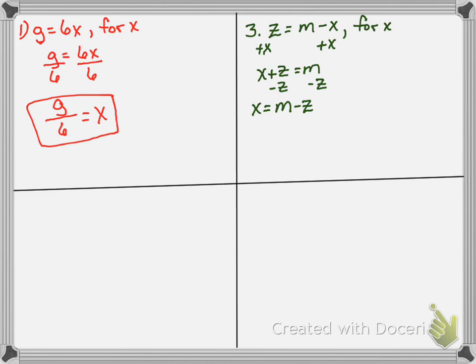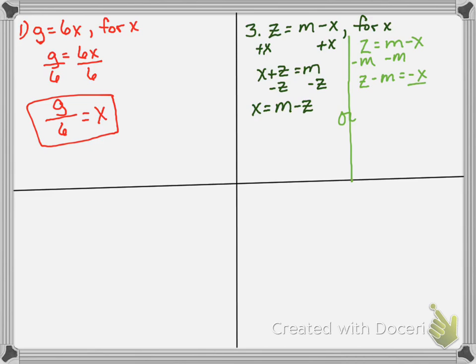Now, it does not matter if it's m minus z or negative z plus m. It both comes out to be the same thing. All right. Now, the other way. Instead of moving x, we're going to move m to begin with. So, subtract m, and we have z minus m equals negative x.